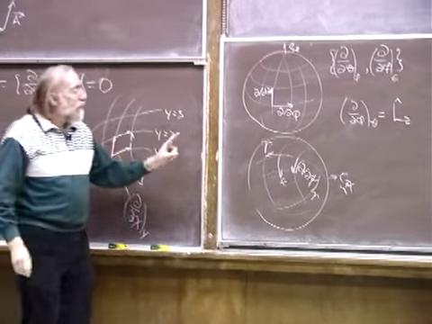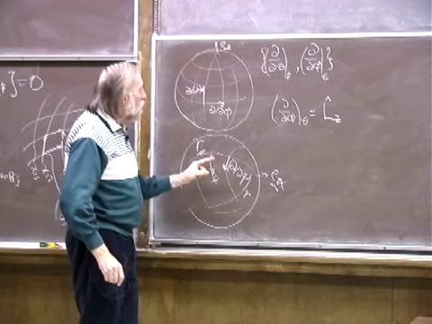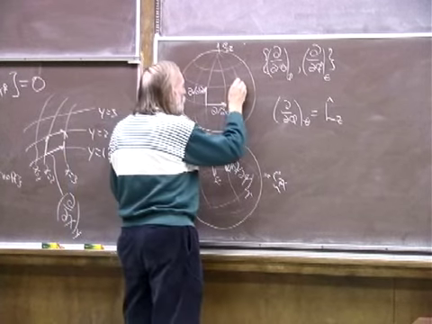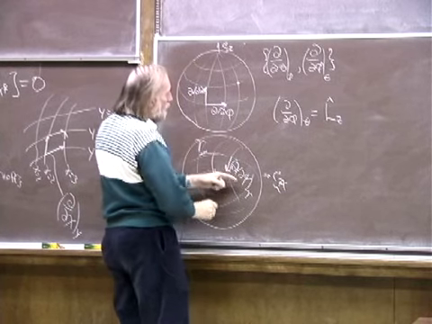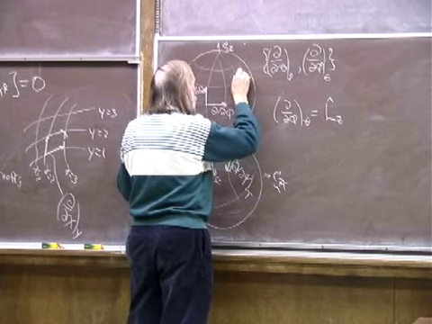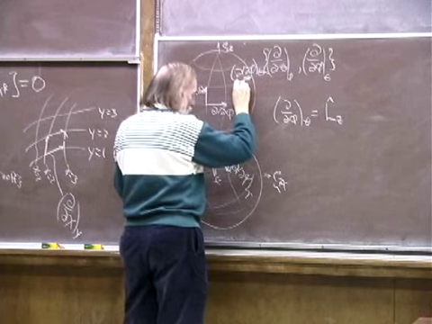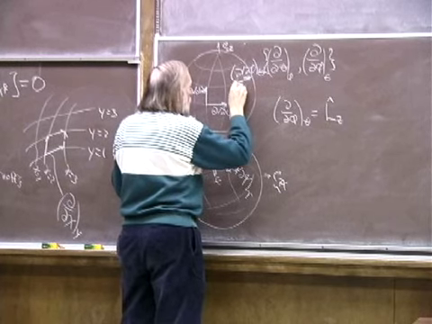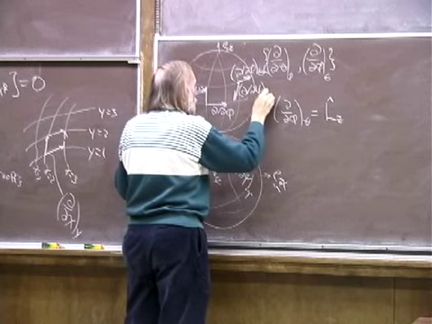And so you could ask yourself, could I surely go in at some point on the sphere, and use d by d phi and d by d psi as basis vectors. Here's d by d phi at fixed theta. Here is d by d psi at fixed epsilon.